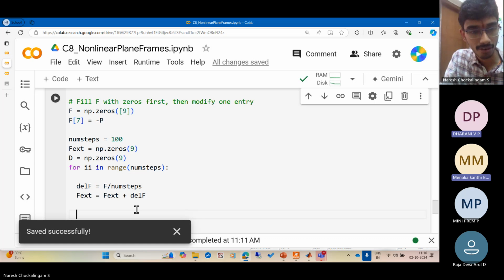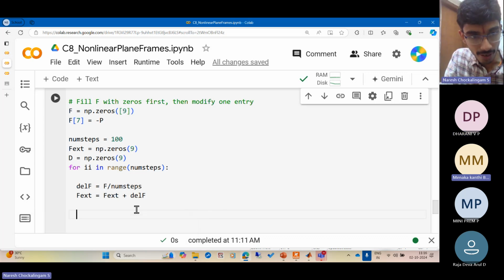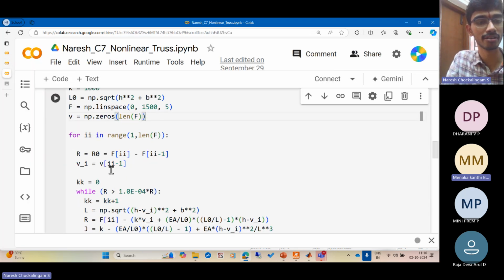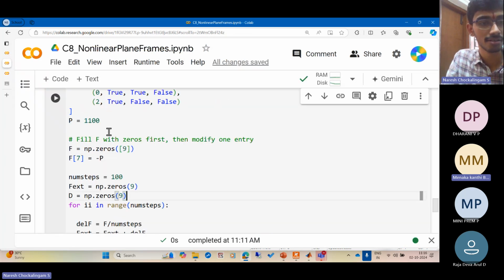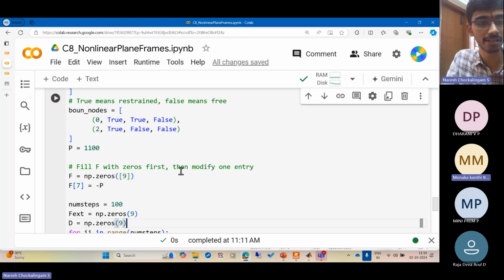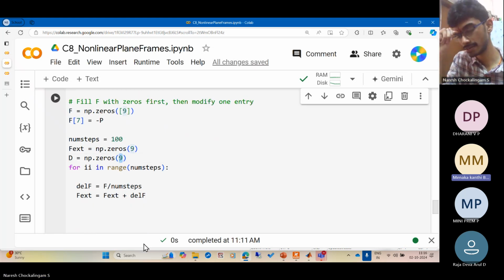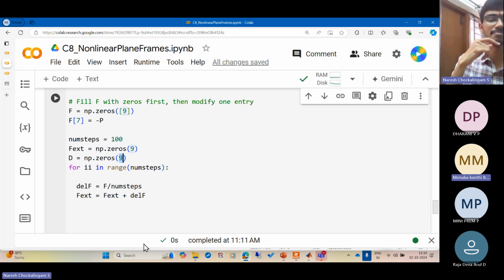D of i minus 1. That's okay. Now we can make it more efficient because D of i minus 1 we don't need to store; we only need the final thing. But if you want, we can also do that. So let me make it zeros, an array of arrays, a matrix of number of steps. It will have 100 rows and 9 columns.